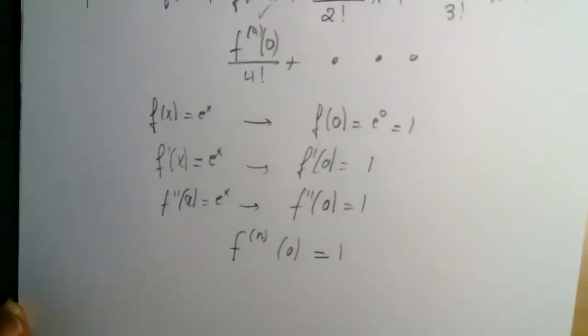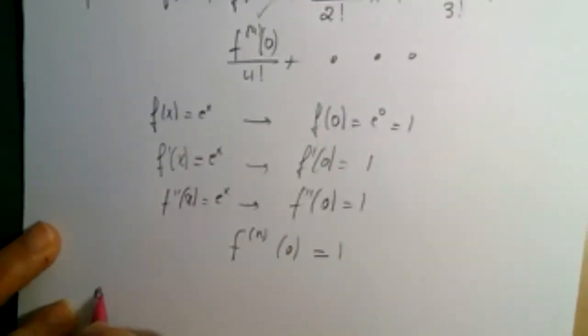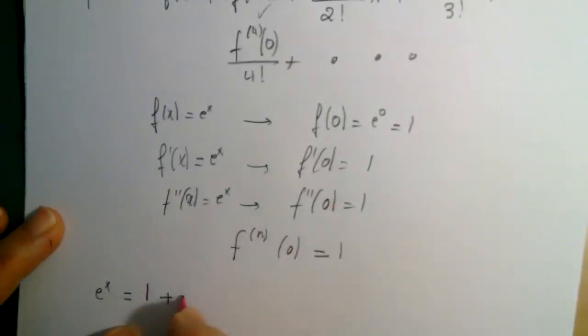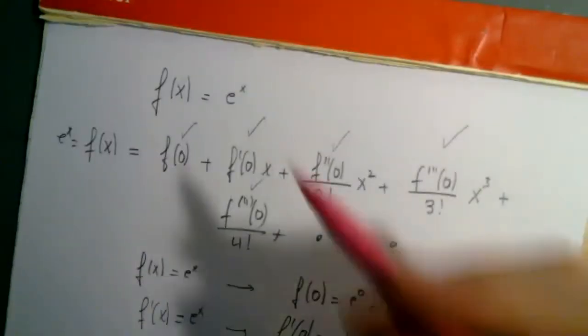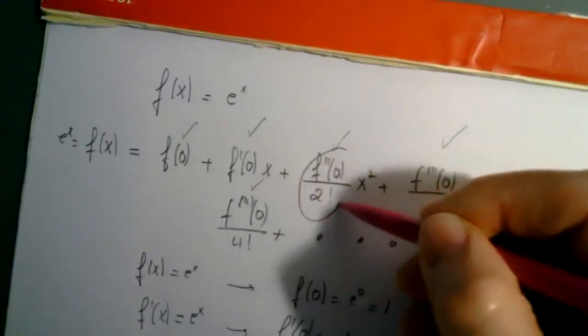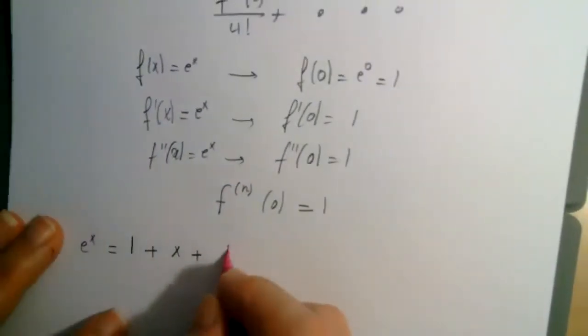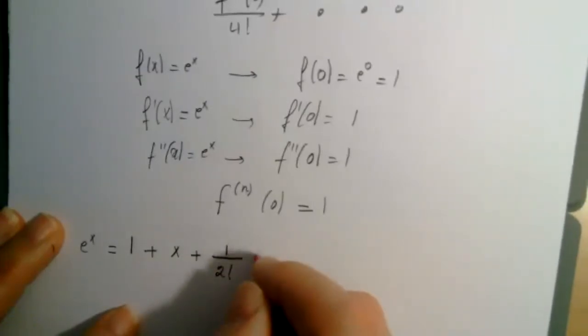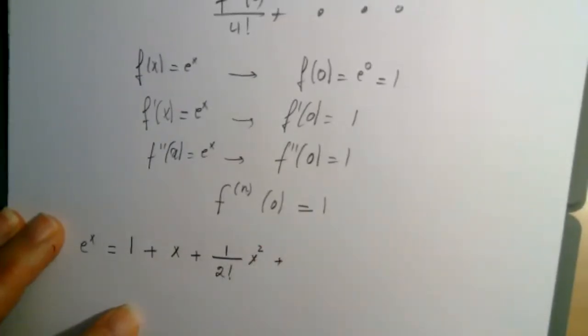So what's going to be the power series of e to the x? It's going to be the following. F of 0, 1. F prime of 0, which is 1 times x, plus. But now things change. It's the second derivative over 2 factorial, so it's not anymore just the second derivative. It's the second derivative over 2 factorial x squared.